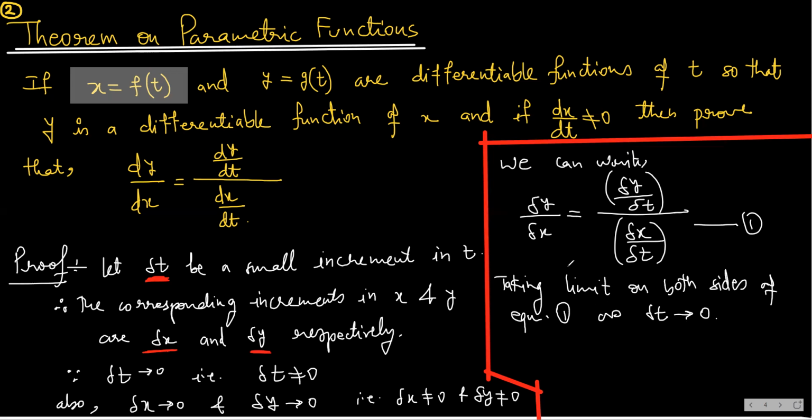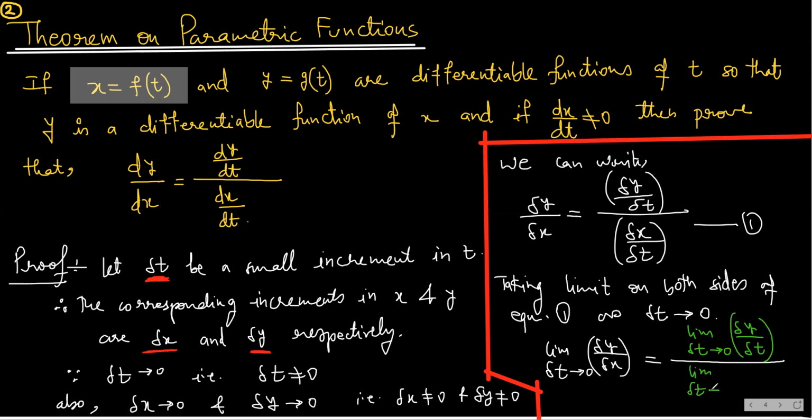The basic variable here is t. So you will apply the limits when delta t tends to 0, and that you will do on both sides. So next step you have limit delta t tends to 0, delta y by delta x, and here also you will have limit delta t tends to 0, delta y by delta t, and limit delta t tends to 0, delta x by delta t.